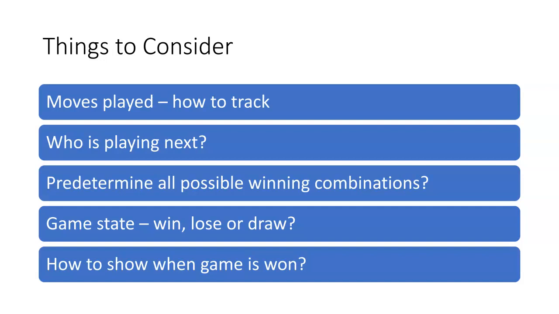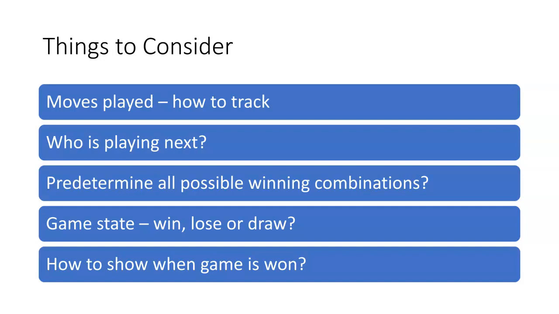And when the game is finished, it is our job to display in the view. Maybe here we can say game over, X1, Y1, O1, whatever it is. And after that, we should stop accepting more touches. Nothing should happen, even if there are blank squares. So all these things we need to implement in our model.